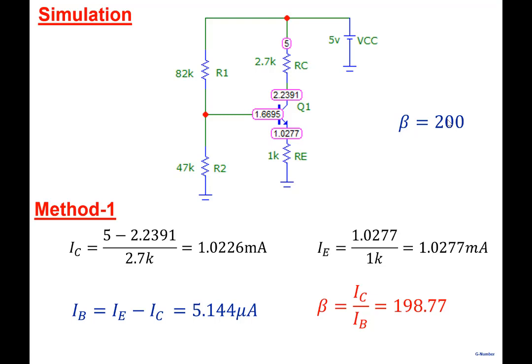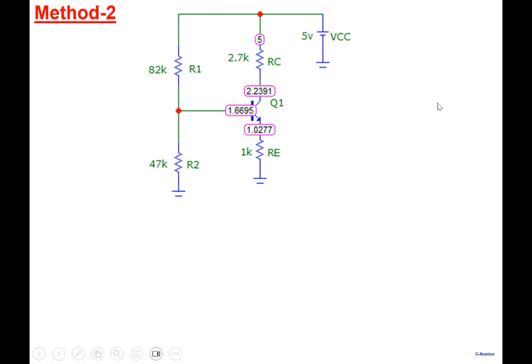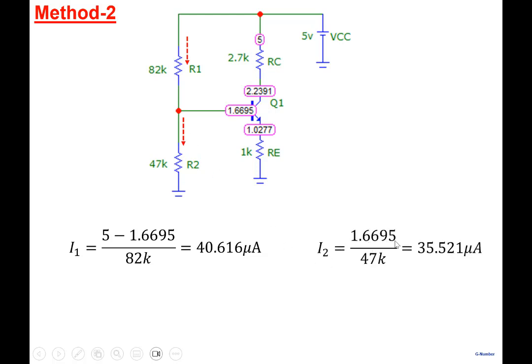That's method number 1. Let me show you method number 2. Another student says, I don't want to measure it in this way, I want to measure it in a different way. Method 2: I'm going to calculate this current I1, which is 5 minus the base voltage divided by the resistor here, 82K. Then I will calculate this current I2, which is 1.6695 divided by 47K.